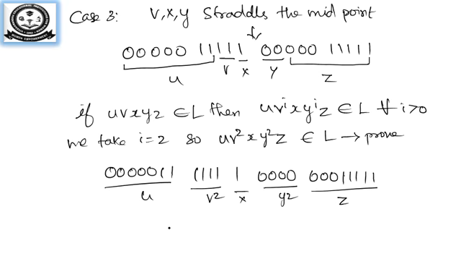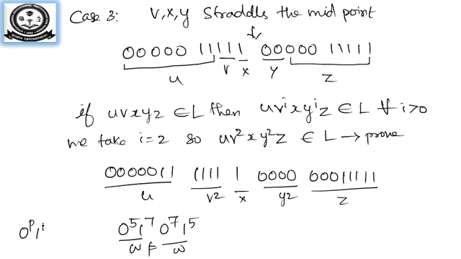Now let us count the zeros and ones. You can see the first count is not equivalent to the second count, and if it is 0 to the p, then it should be 1 to the p. That is also not there, so it does not belong to the language.